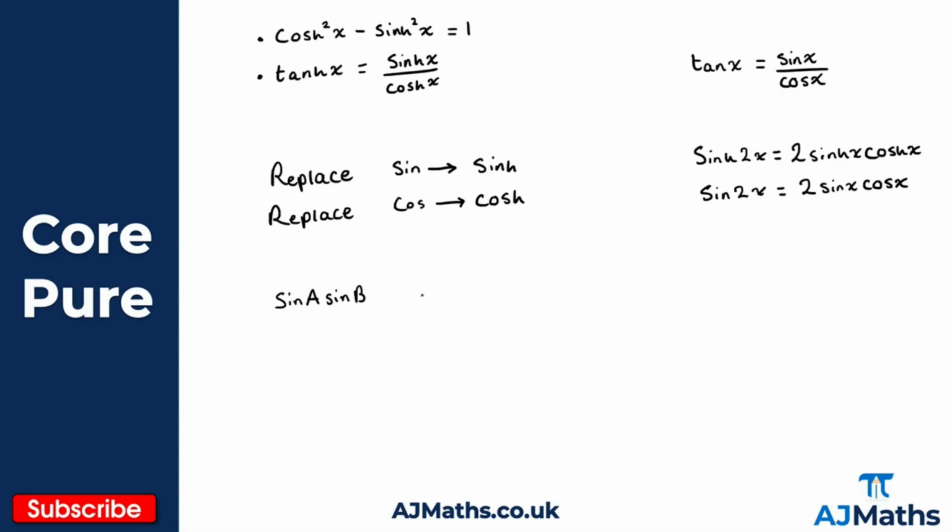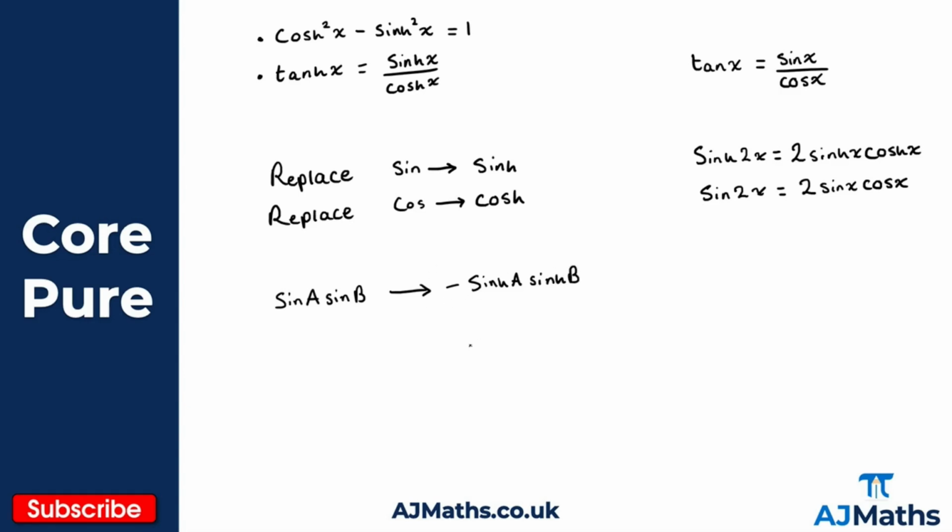Like we said, we replace sin with sinh, but if we have a product of sine terms like this, then we need a negative. So that's going to be minus sinh A sinh B. That negative is important, that we do need that.